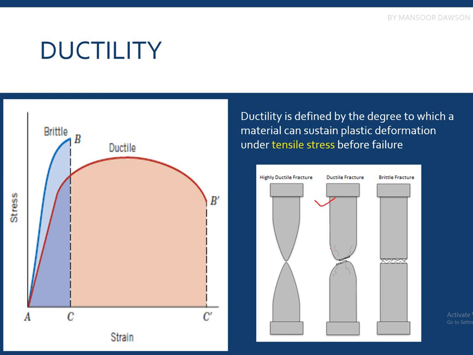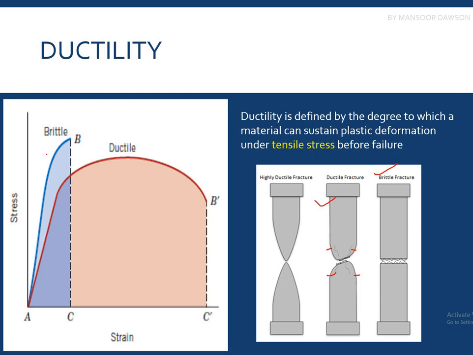You can see that there is some necking, because the material would go on stretching up till its maximum limit, and then ultimately it would break down. So this is a less ductile material, and then there is a brittle fracture. In brittle fracture, there would be no ductility.